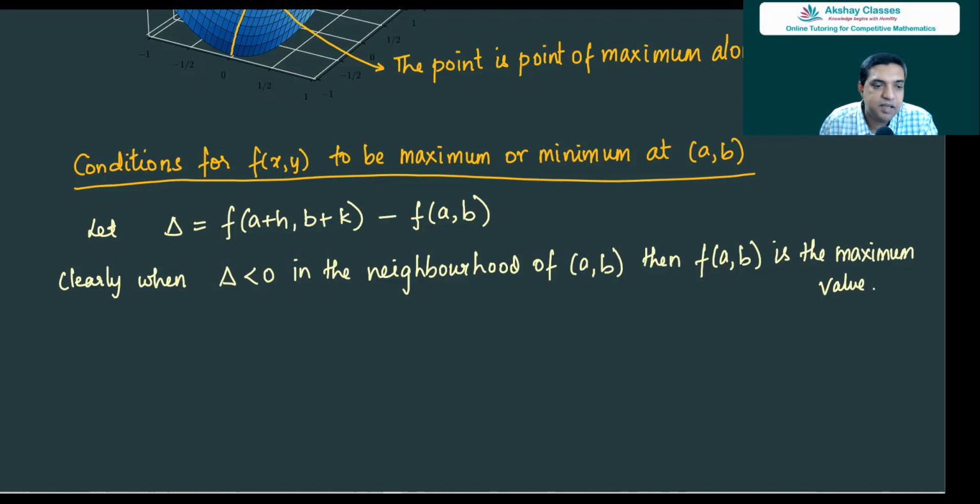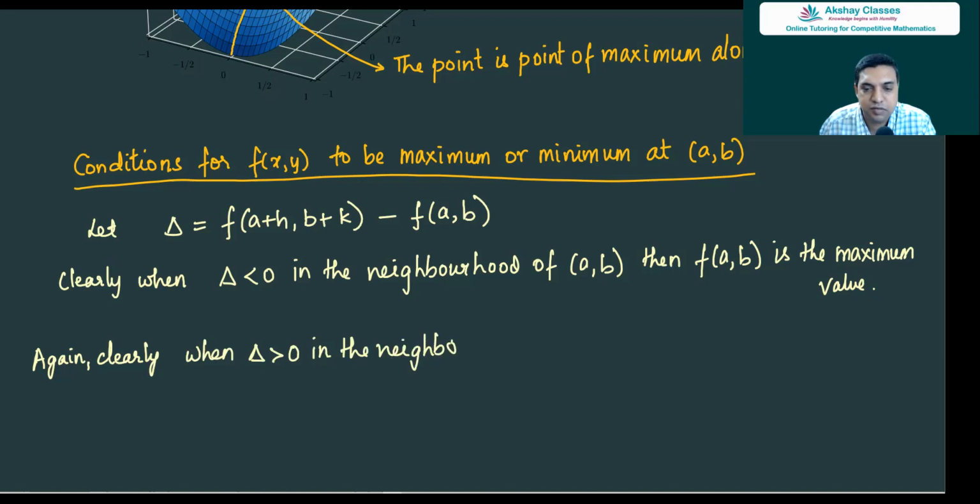Clearly again, when delta is greater than 0 in the neighborhood of a comma b, then f of a comma b is the minimum value.